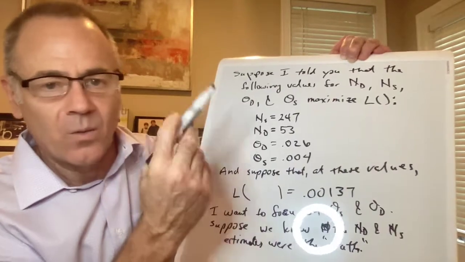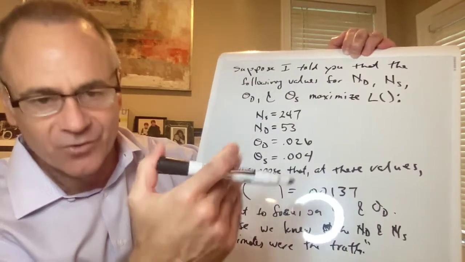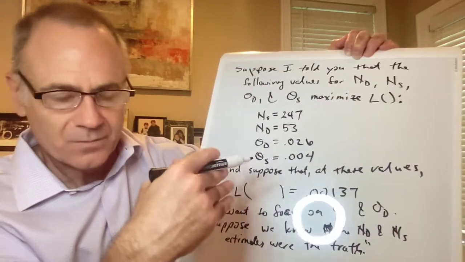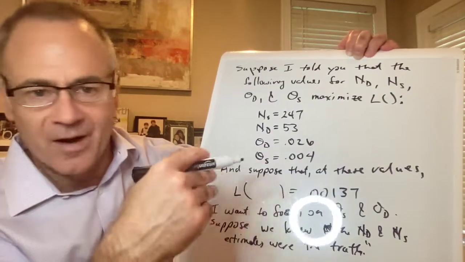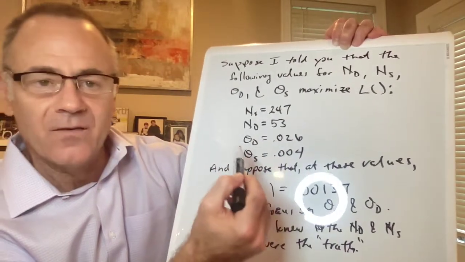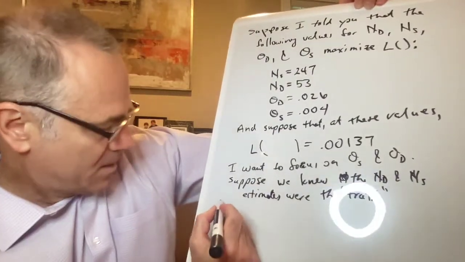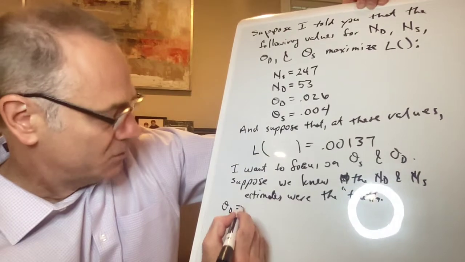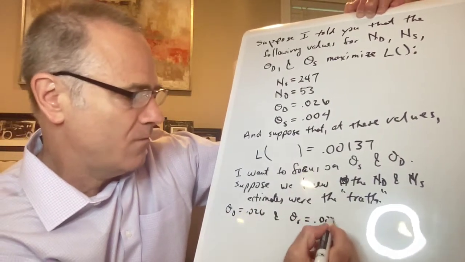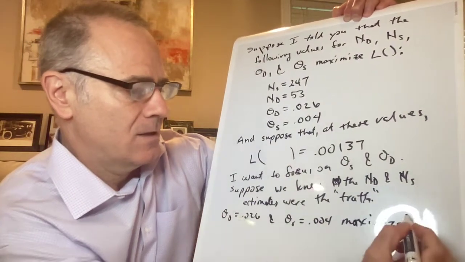A magic genie came down and said, here's what the true values of NS and ND are. But meanwhile, we run our Excel program, trying to maximize L, and we find that these two values, theta D equals 0.026 and theta S equals 0.004, maximize L.